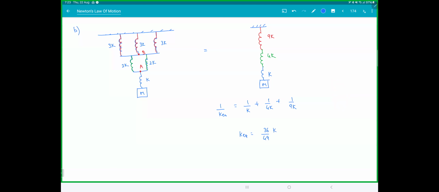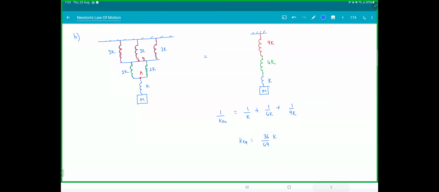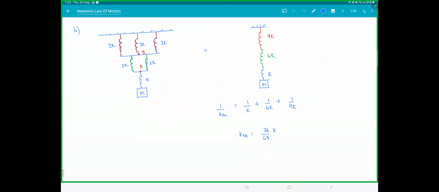That is your k equivalent. So you can replace this whole thing with one spring. The block will behave as if k equivalent into x equals mg. We get x is equal to 49 mg by 36k. That is the distance moved by the block.